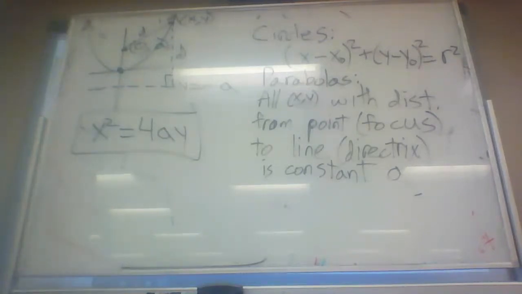And it looks like that thing you knew and loved from algebra, right? It's just a nice arch shape that the Romans used a lot in their architecture and so forth. X squared equals 4ay is the standard equation for a parabola.